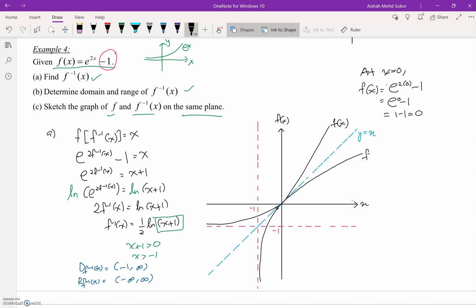This is f inverse(x). So if I ask you what is the domain and range for the f function, you basically can get the answer from the graph or from the domain and range for f inverse. This is equal to the range for f(x), and this is equal to the domain for f(x).